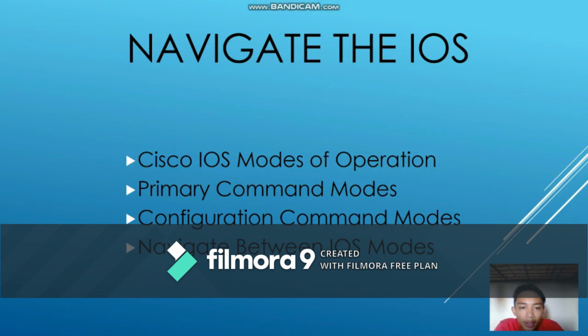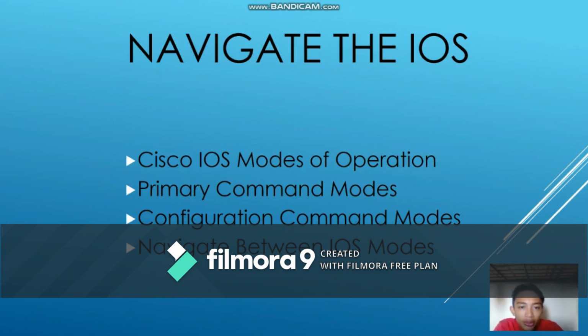From the global config mode, CLI configuration changes are made that affect the operation of the device as a whole. Global configuration mode is identified by a prompt that ends with config after the device name, such as Switch(config)#.